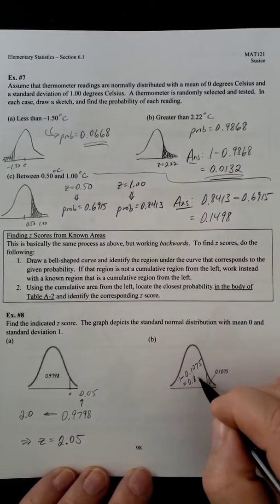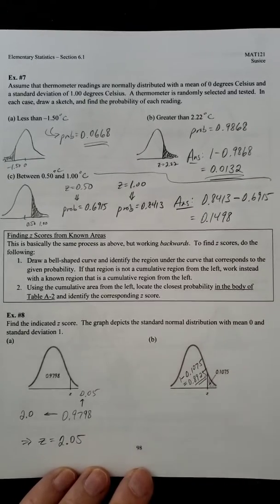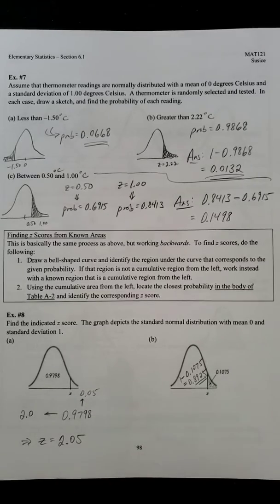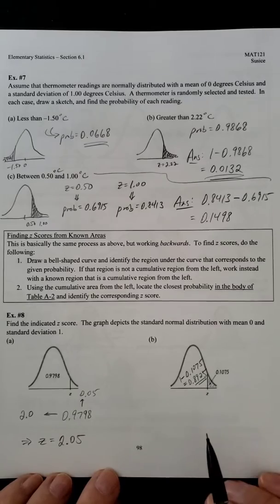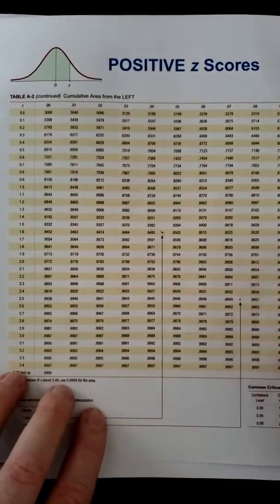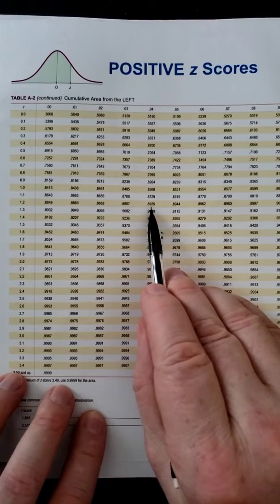0.8925. So 8925 is really what we want to look up on our table. And again, do we want to look at the left hand or the negative side or the positive side? And it's on the right, so we better use the positive again. So 8925, where is 8925? Right there.